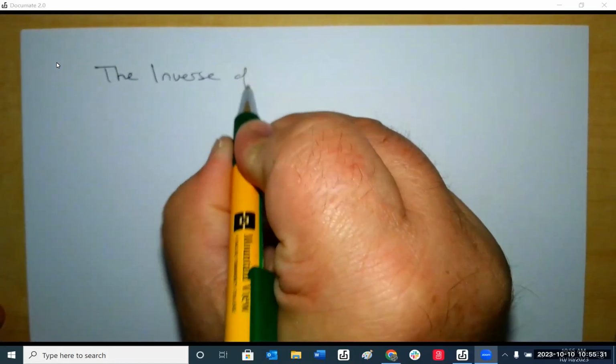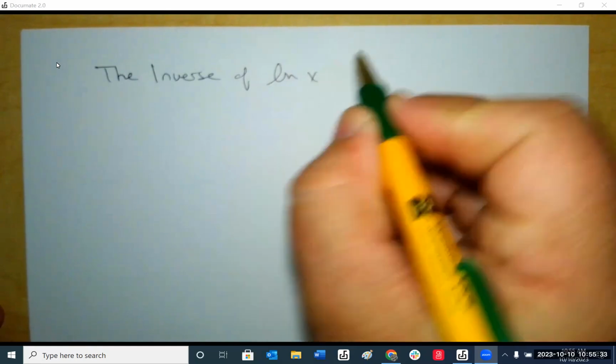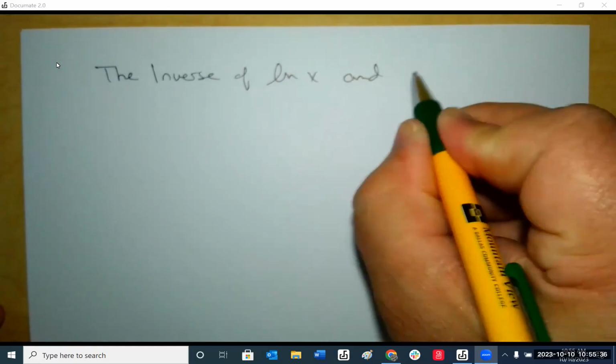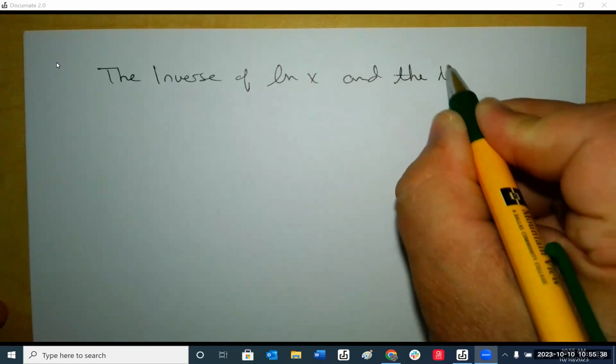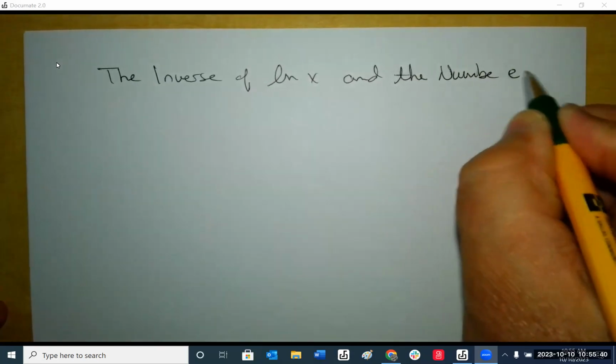The inverse of our natural log and the number e.